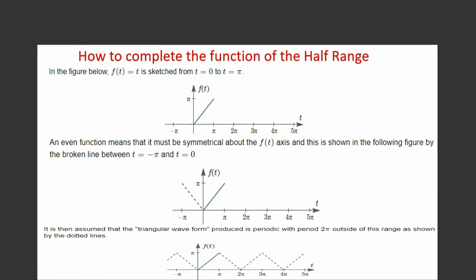So you complete the figure in the other half of the period, right? This is the main figure, and it will be repeated every period. So now you notice your Fourier series will have only cosine, and Bn will be 0.